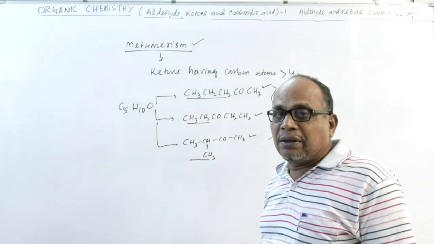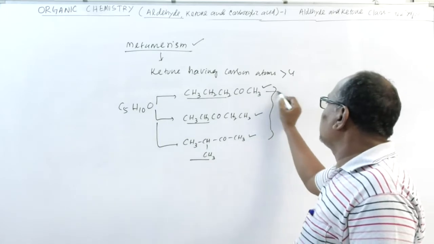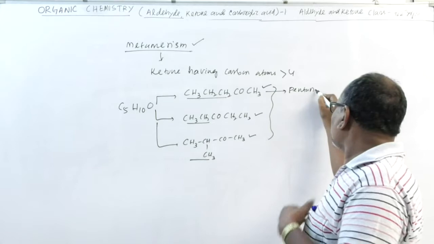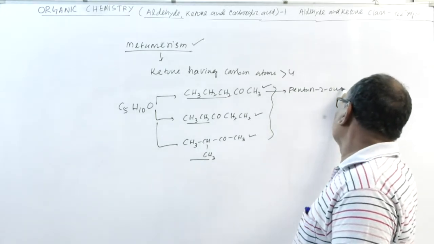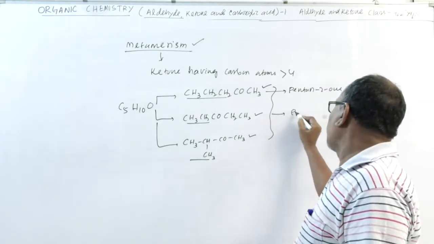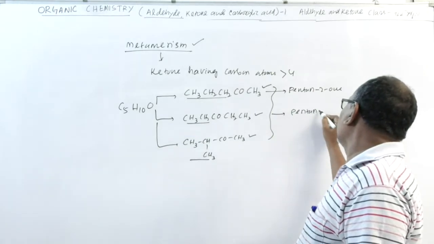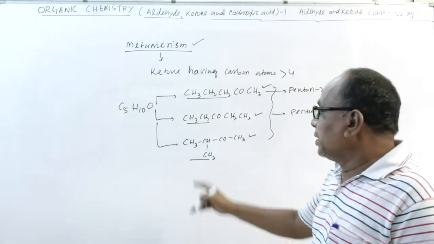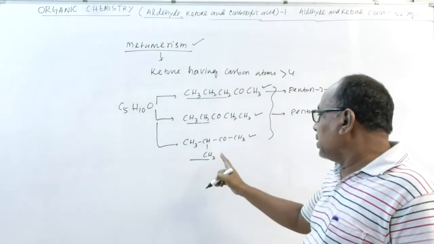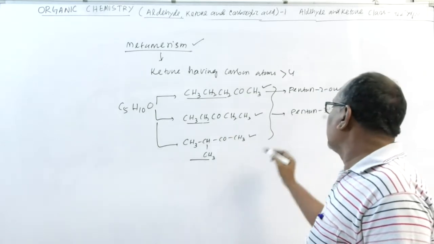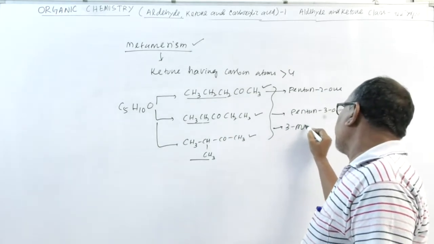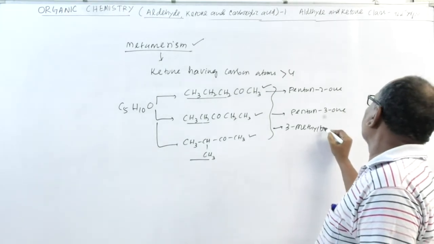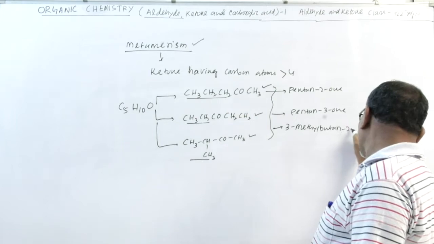So what is the name of this compound? This one is pentan-2-one. And this is pentan-3-one. Three means 1, 2, 3. This one, 1, 2, 3, you can say is 3-methylbutan-2-one.